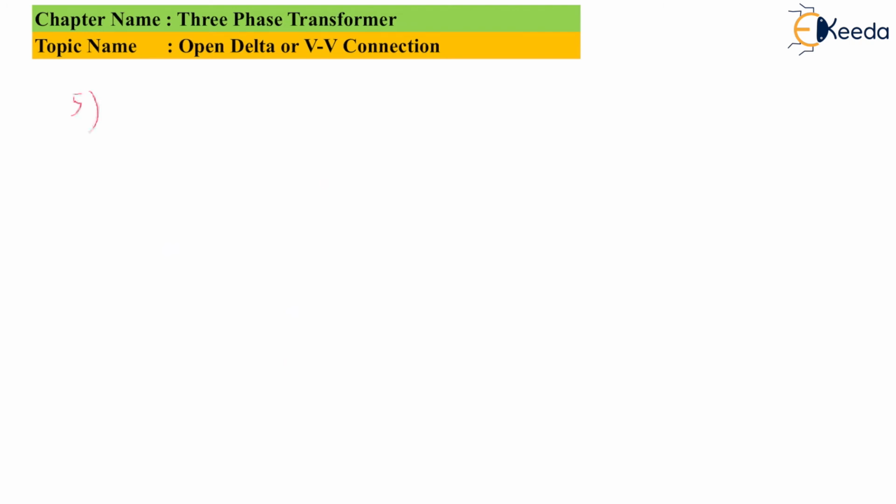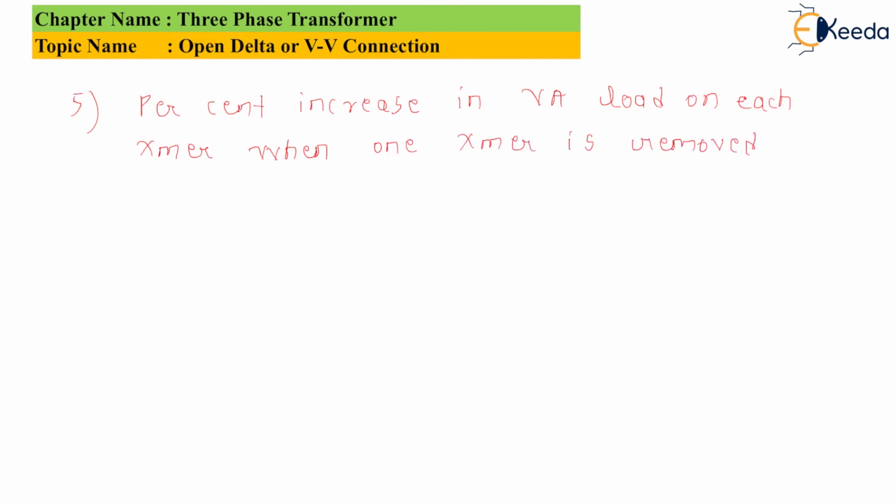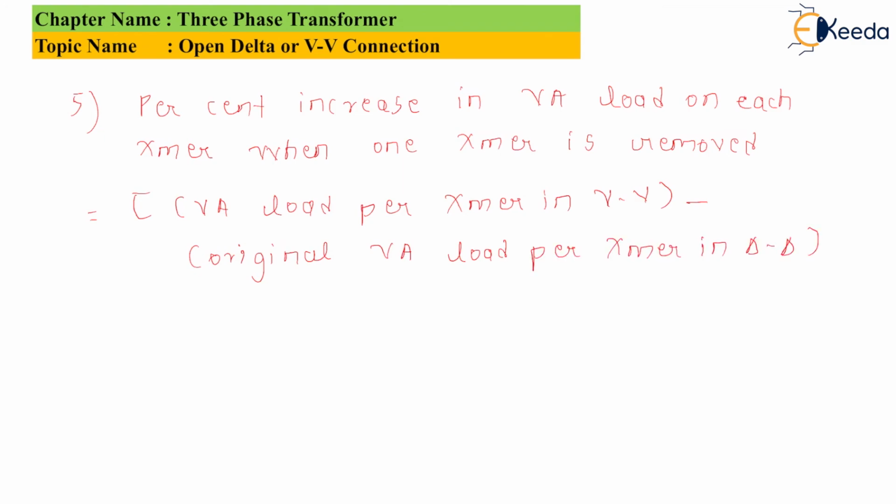The next thing which we studied was the percent increase in VA load on each transformer when one transformer is removed. It is given by VA load per transformer in open delta minus original VA load per transformer in delta connection, whole thing multiplied by 100 divided by original VA load per transformer in closed delta.